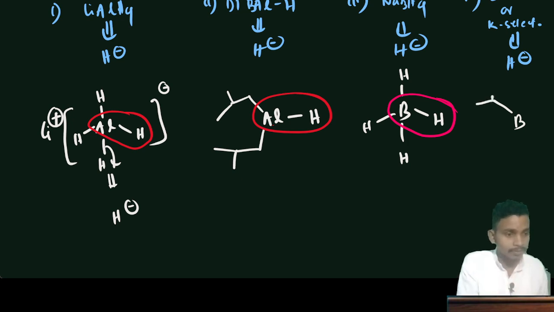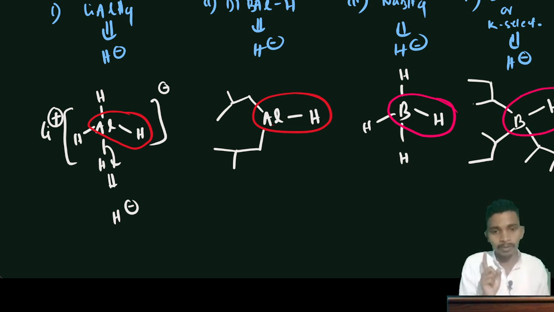Butyl means 1, 2 and 3, this is the butyl. This type of group will be there, and again another butyl: methane, ethane, propane, butyl. Now 1 hydrogen atom will be there.